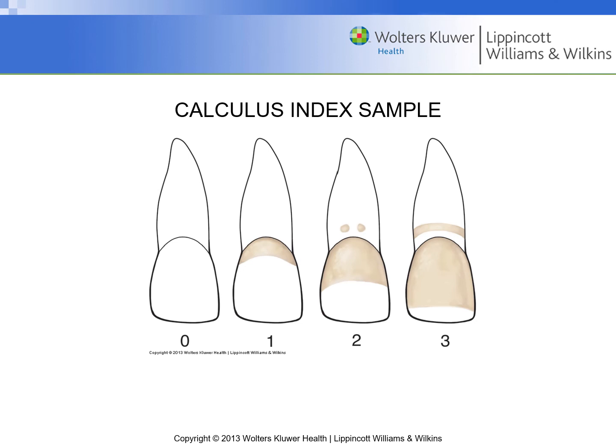And if it's over most all of the tooth, and you put your Explorer underneath the gum line and there's this band, very often happens on the molars areas, then you would count that as a 3.